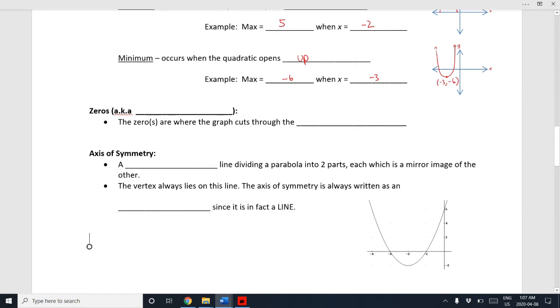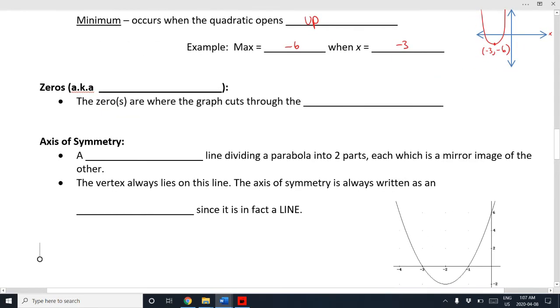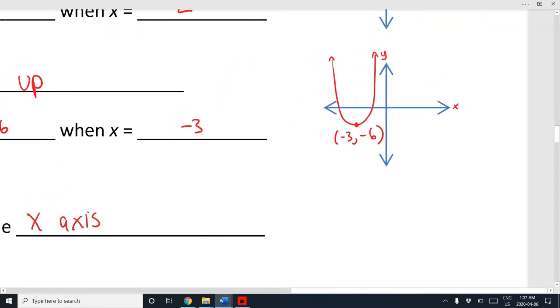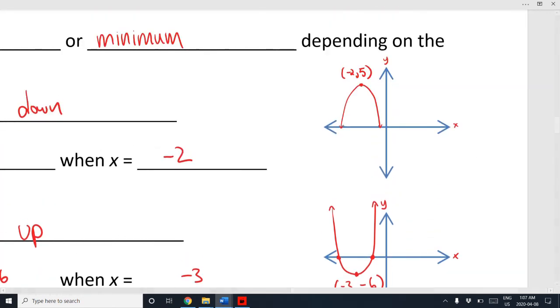The next thing we're going to look at are the zeros, also known as the x-intercepts. The zeros are where the graph cuts through the x-axis. Looking at our example here, we can see our zeros would occur here and here. And in the example above, the zeros would occur here and here, where the parabola cuts through the x-axis.